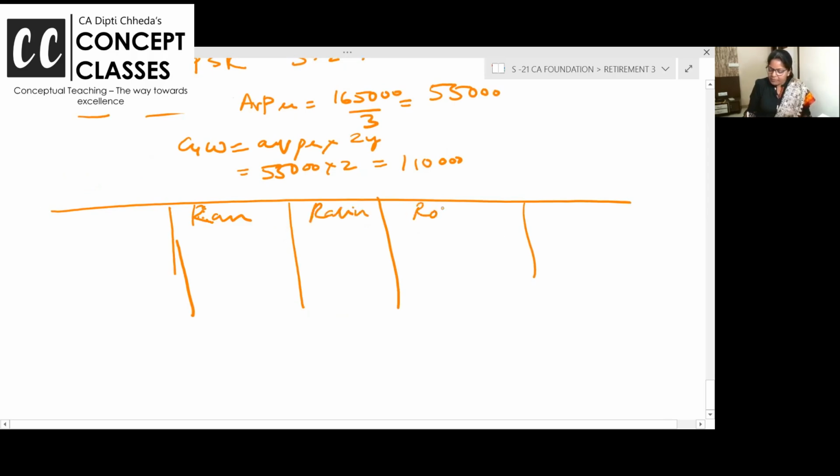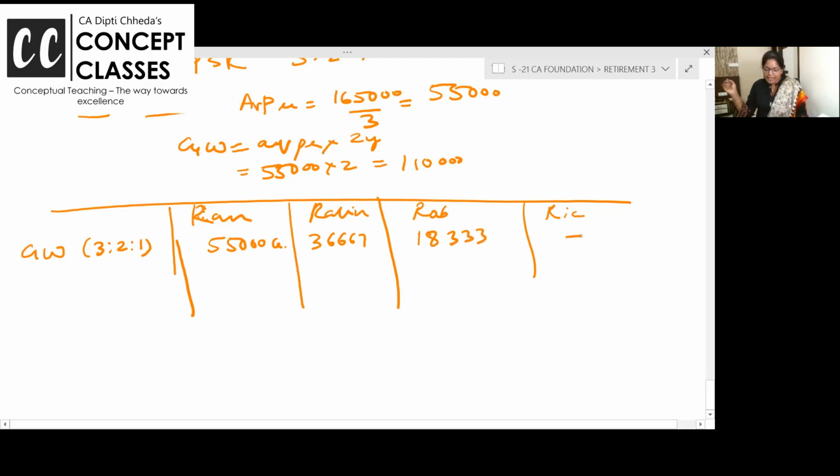Ram, Rahim, Robot, and Richard. Raise the goodwill in the old ratio 3:2:1. 1,10,000 into 3 by 6, 55,000 credit. 1,10,000 into 2 by 6, 36,667. 1,10,000 divided by 6, 18,333. Is it clear?